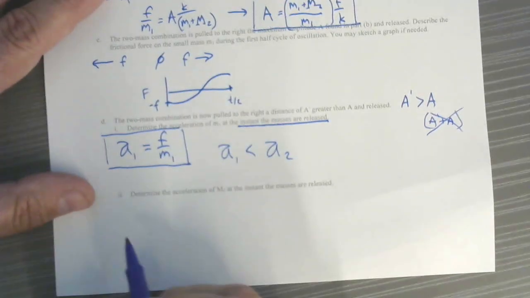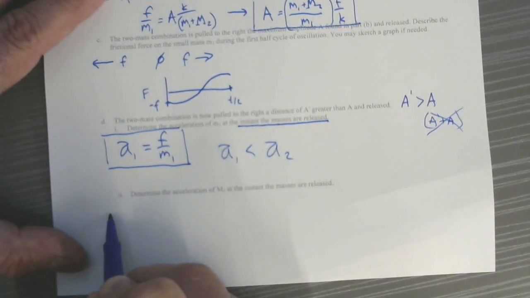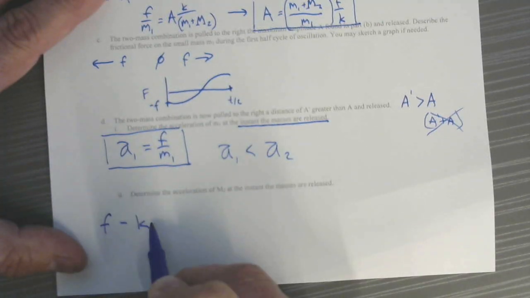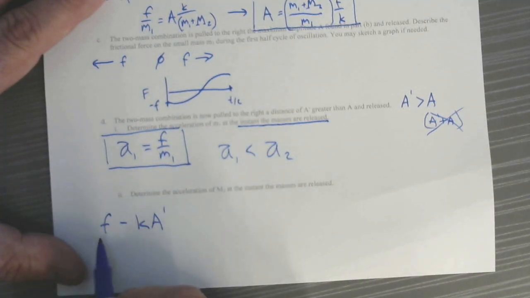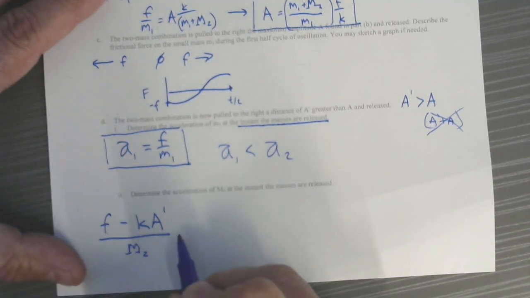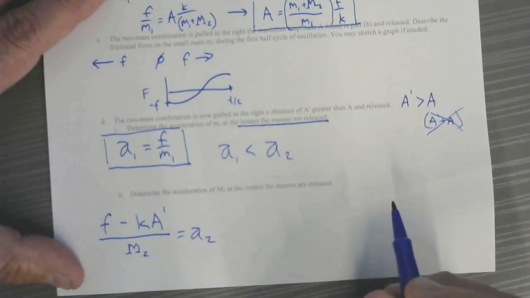So we're going to say that the positive force, which is F, minus the negative force, which is K times A prime, all acting on, if we divide by the mass, in this case just M2, because it now has a different acceleration, is going to be equal to the acceleration of mass 2.